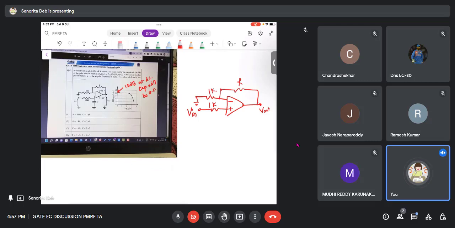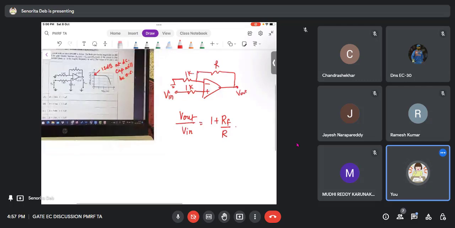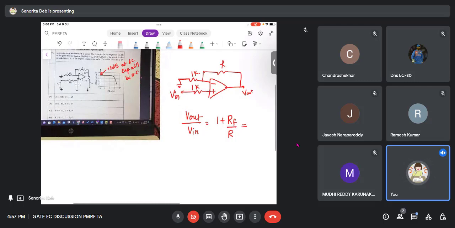Right. So what is the value of V out by V in? That is 1 plus Rf by R, right? And this is equal to 12 dB.